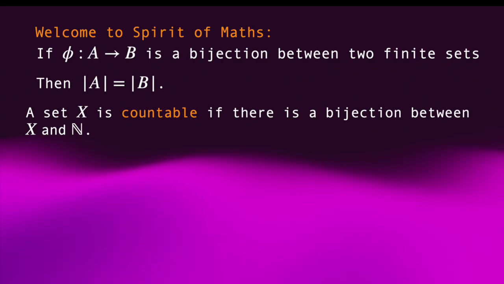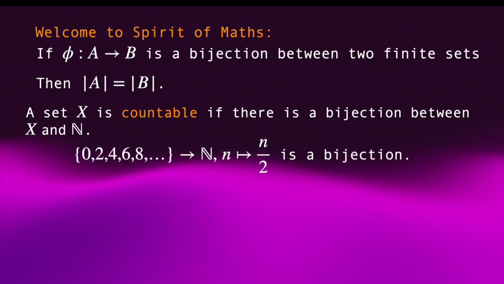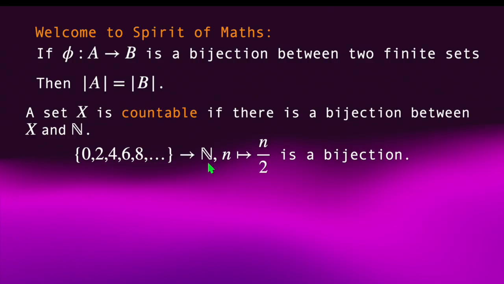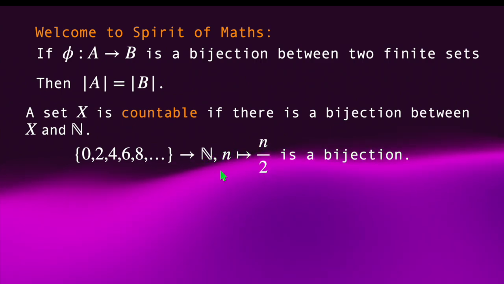And here we can see that a subset of the natural numbers, namely the set of even numbers, is actually in bijection with N. So this map, which to any even number associates n over 2, is actually a bijection.